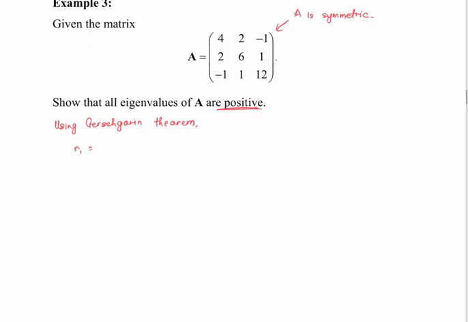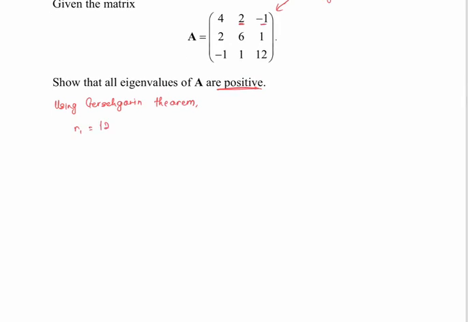And then for the R1, we must add all the elements that are not diagonal. That is, we must add 2 and absolute -1, we get 3, while for the C1 we will have |z - 4| ≤ 3. Then from this one, we can have the center is at 4, while the radius is 3.